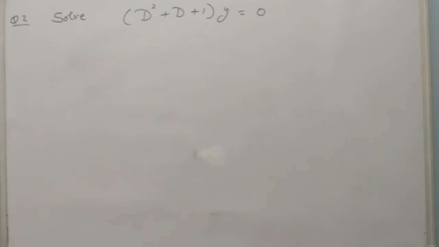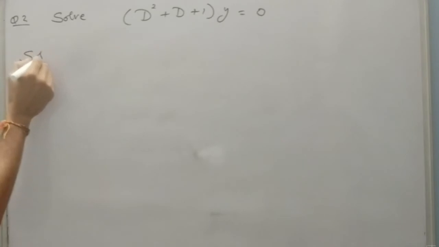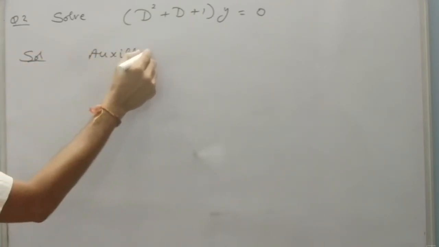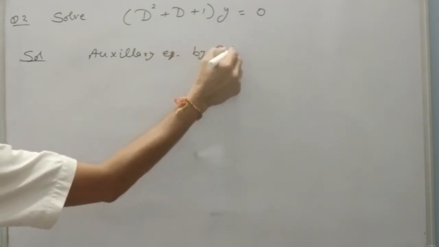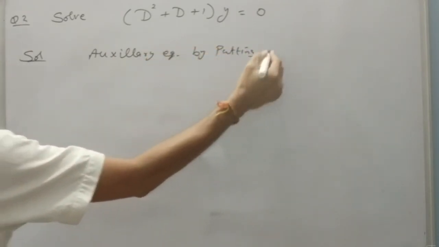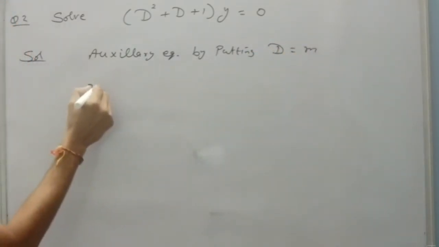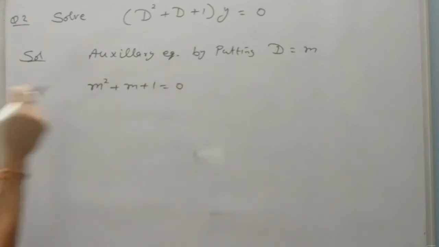Now another question, I have written already in short form: D square plus D plus 1 of y is equal to 0. So we can say the auxiliary equation, by putting D is equal to m, we get m square plus m plus 1 is equal to 0.